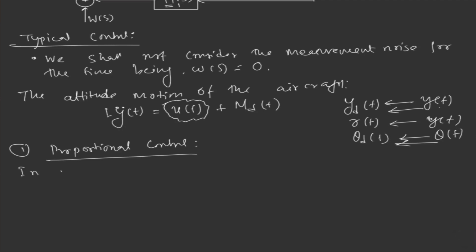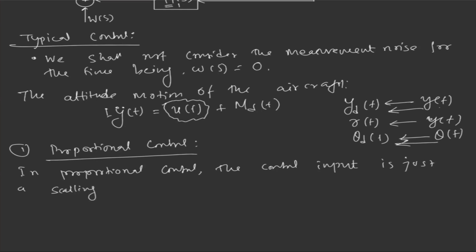In proportional control, the control input is just a scaling of the error signal.